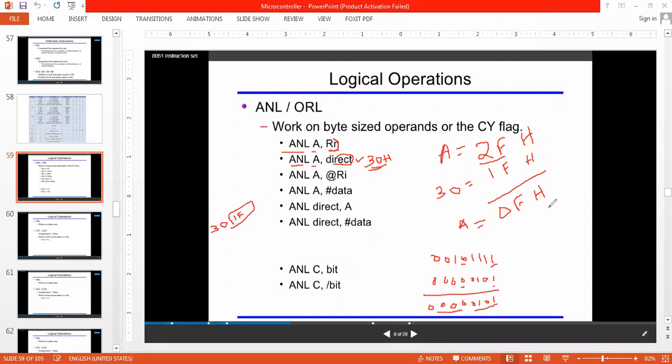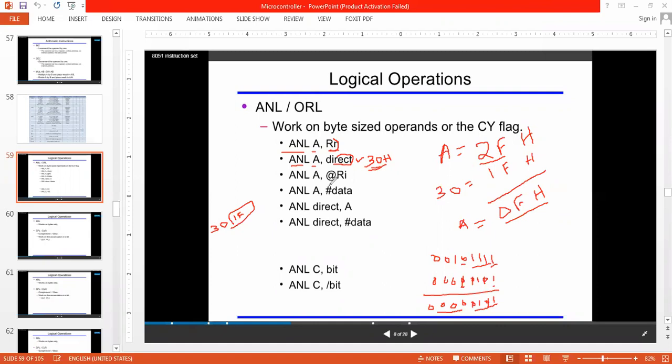Understood? Because this is 0001, 0010, this is 2, this is 1, and this is F, and this is also F. These two are going to be 1, 1, and this is 0, so 0FH. Not only F, it is 0FH because it is 1 byte. Understood?